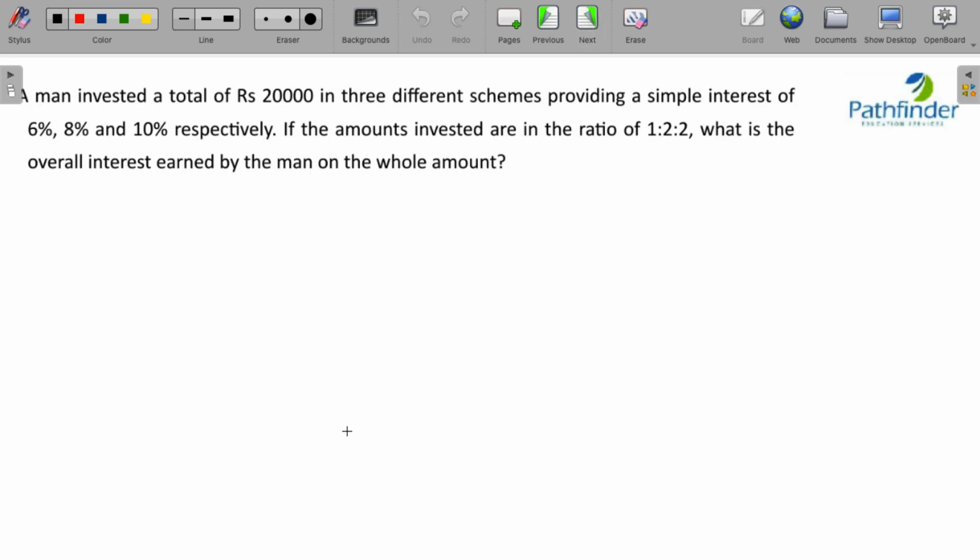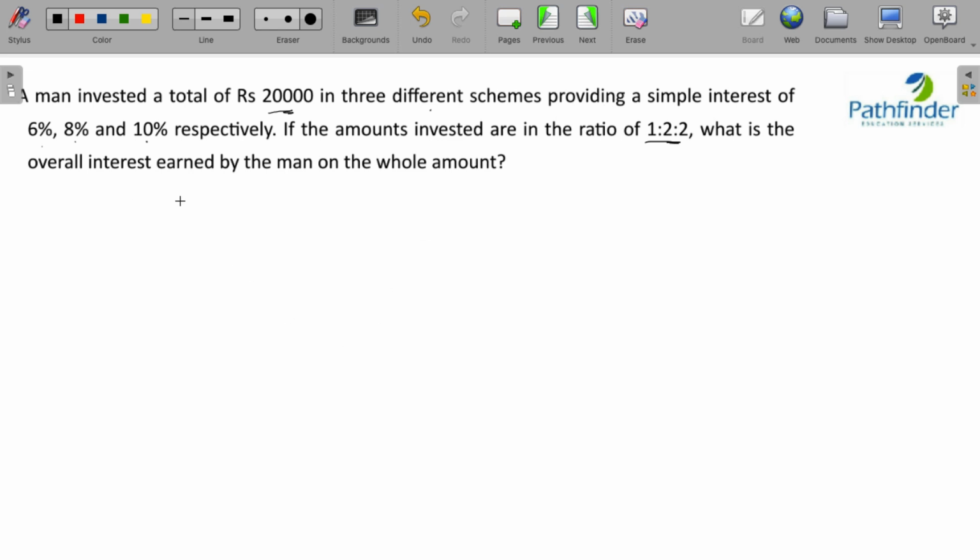Next question. A man invested a total of 20,000 in 3 different schemes, providing a simple interest of 6%, 8%, and 10% respectively. If the amounts are invested in the ratio of 1:2:2, what is the overall interest earned by the man on the whole amount? Now there are 3 different schemes.